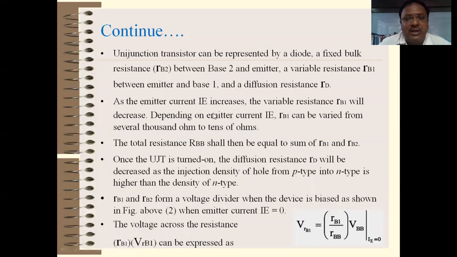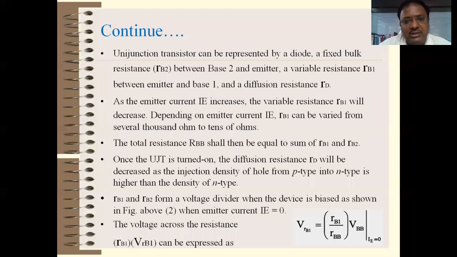As the emitter current IE increases, the variable resistance RB1 decreases, because the resistance between the terminals base 1 and emitter is called RB1, which is shown as a variable resistance. When you apply current to the emitter of this UJT, the current flows from emitter to base 1, right?